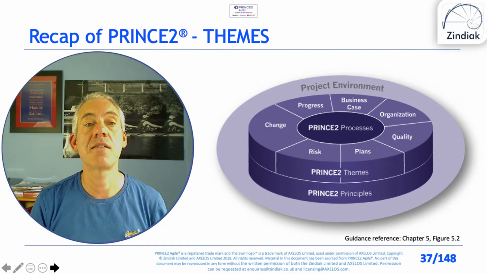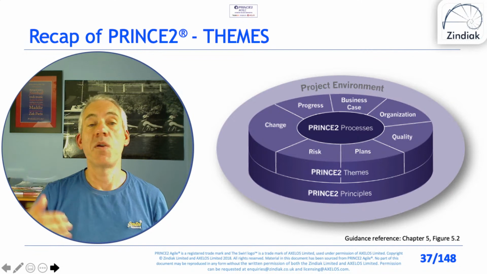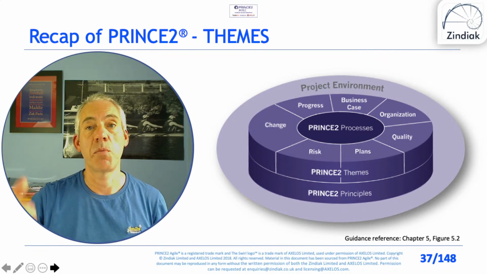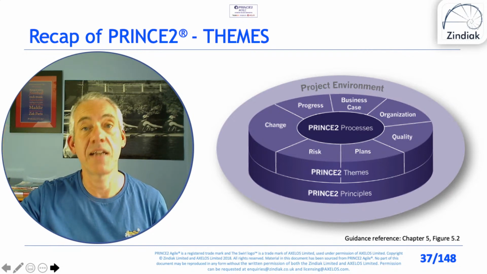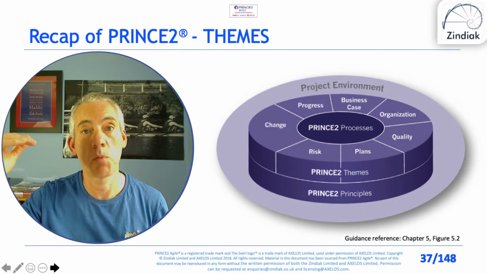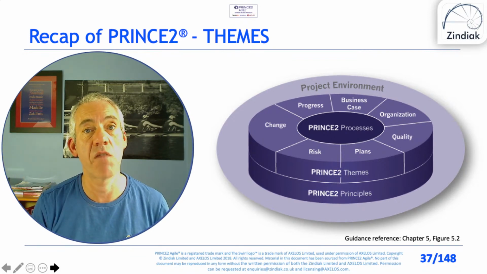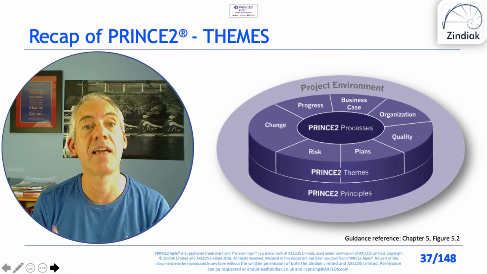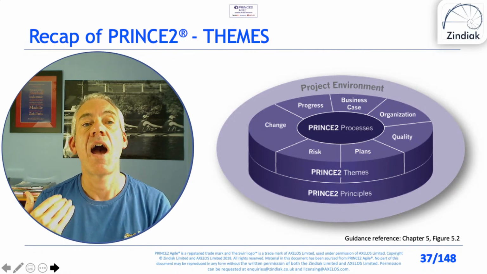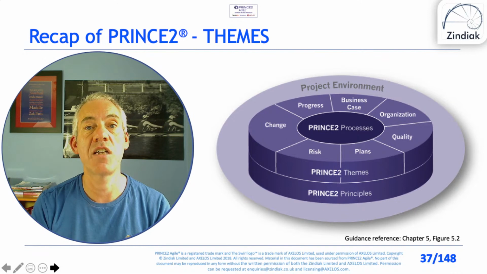Plans. Within PRINCE2, we have two mandatory plans. So we have the project plan is mandatory. We must have a project plan. Again, PRINCE2 gives you lots of flexibility around what your project plan looks like, but you've got to have one. And you must have a stage plan.